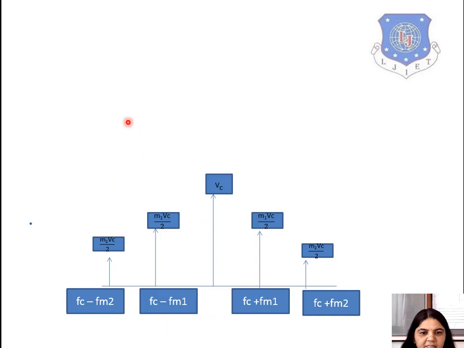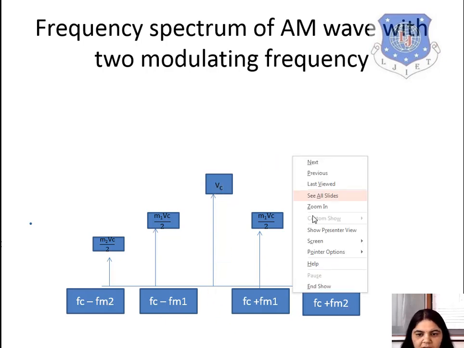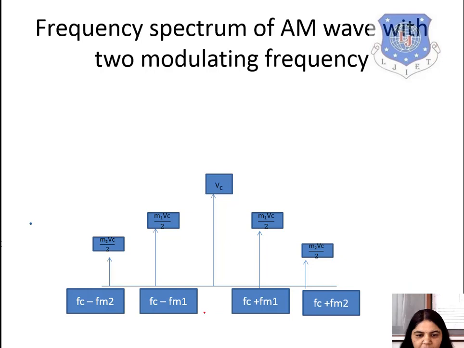Next, this is the amplitude spectrum of the wave: the frequency spectrum of the AM wave with two modulating frequencies. I can draw the spectrum like this. On the frequency axis, fc is the carrier signal having amplitude Vc.